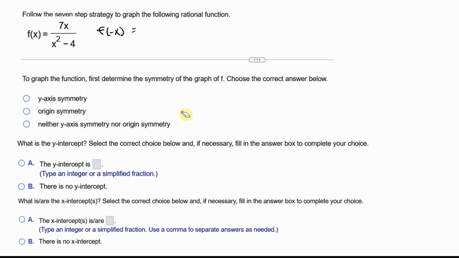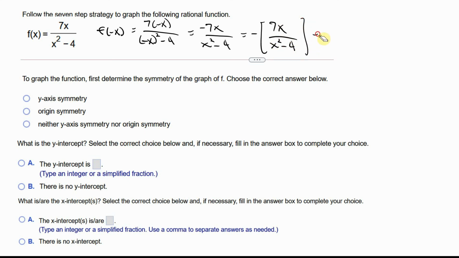It's like I'm writing them upside down. 7 times negative x all over negative x squared minus 4. This is negative 7x all over, you square that, we get positive x squared minus 4. That's the same thing as negative times the original function. I don't need the negative there, I'll pull it out: 7x all over x squared minus 4. So this is negative times f of x.